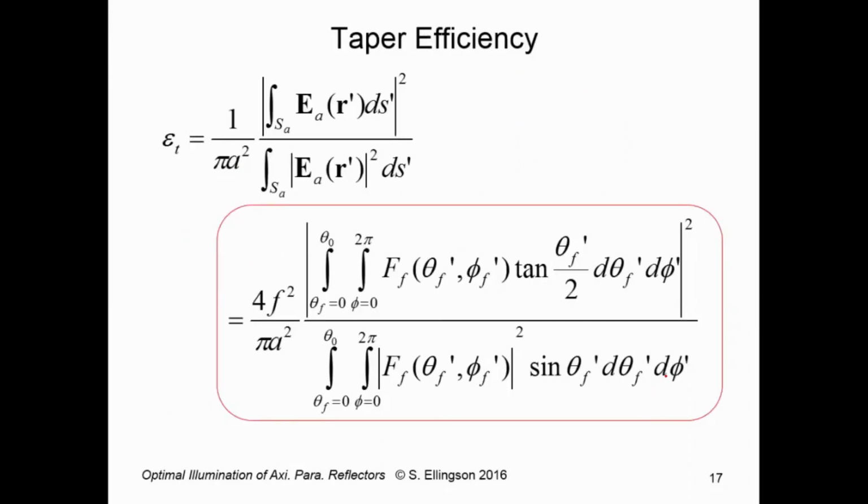We put this all together, we make the substitutions into the original expression that we came up with, and this is what we get, and this is what we're seeking. This is the taper efficiency for an axisymmetric paraboloidal reflector, expressed now in terms of the radius, the focal distance, the normalized feed pattern. We know those three things, we can now calculate the taper efficiency.